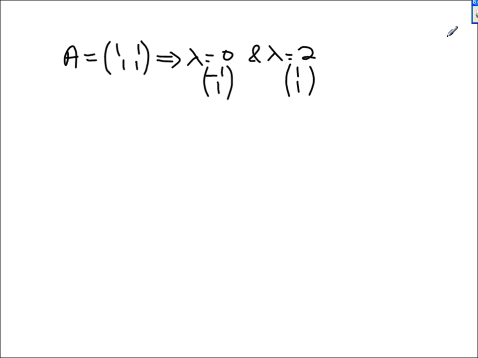Okay. So now I'm going to let the eigenvectors be the columns of P. That's the first eigenvector, and here is the next eigenvector.